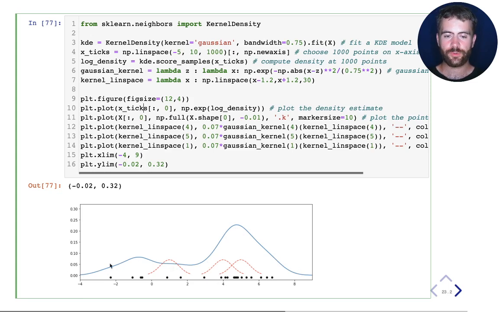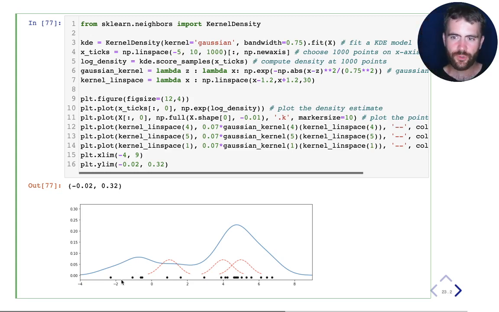This blue smooth estimate is simply the sum of all of these red curves that are centered at the dots, which is my data set. And so in that sense, you can also think of the blue density as being a sum of these small red microdensities that are each centered at a point.